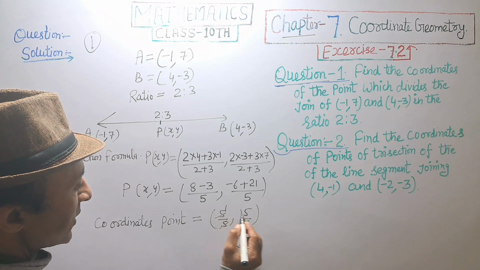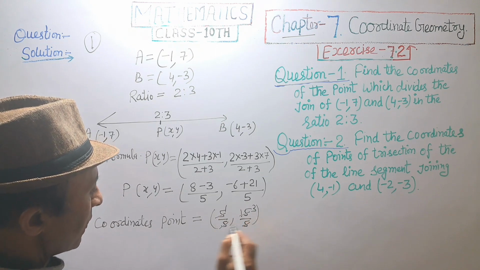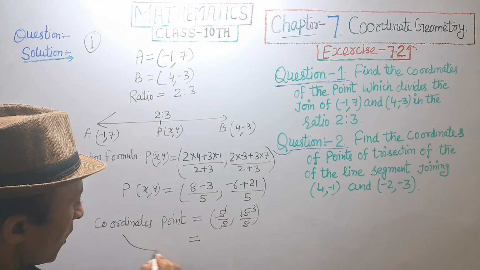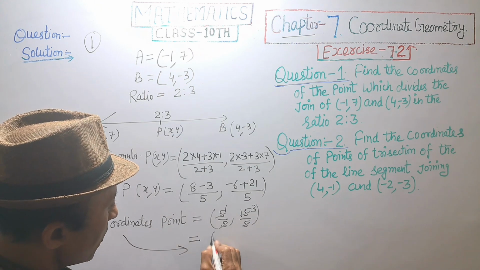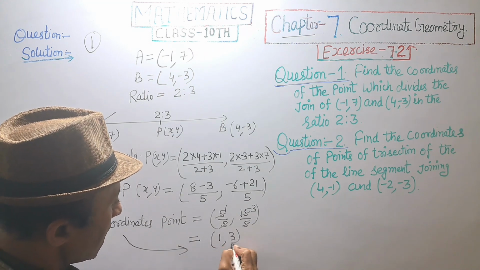So 5 is cancelled, and 5 3s are 15. So the coordinates of the point are 1, 3.